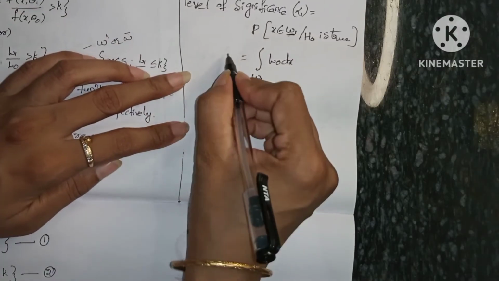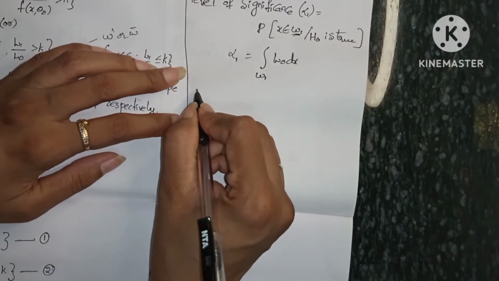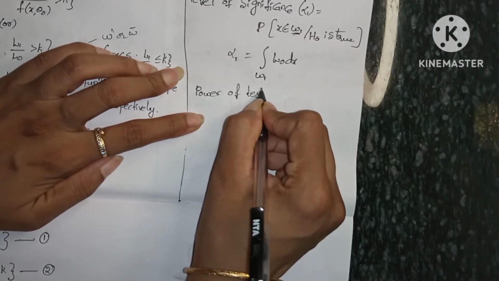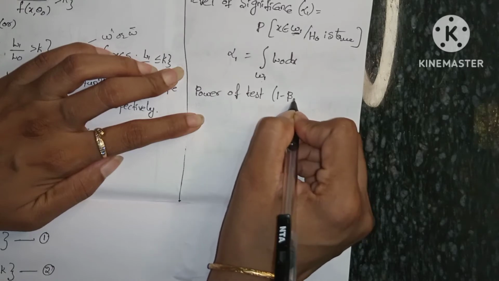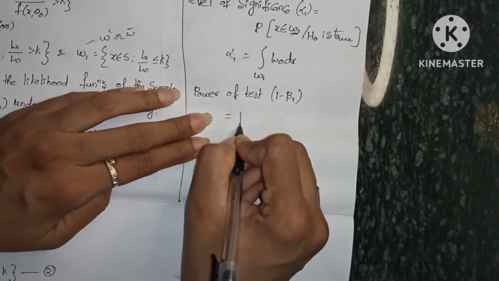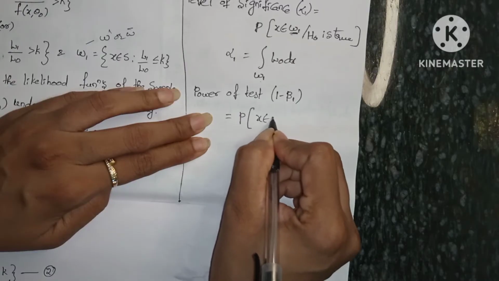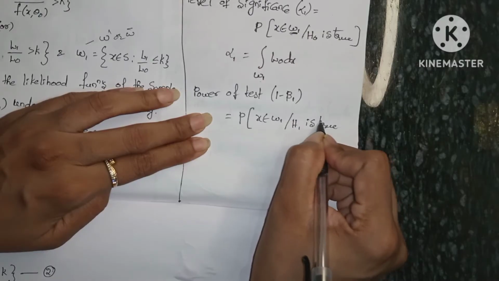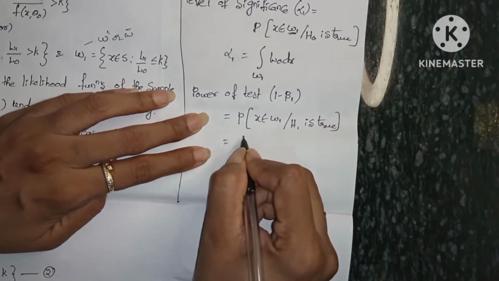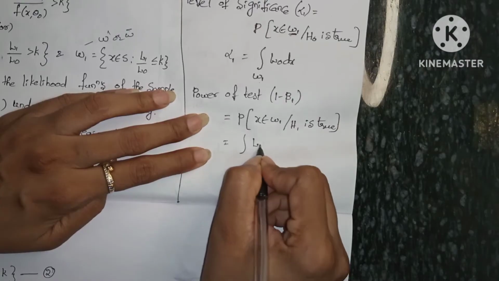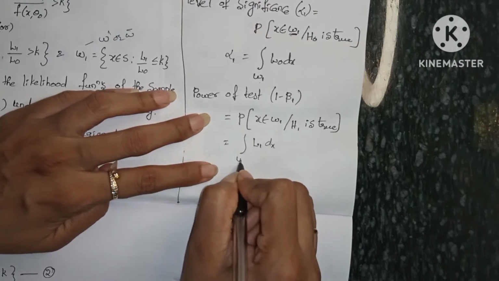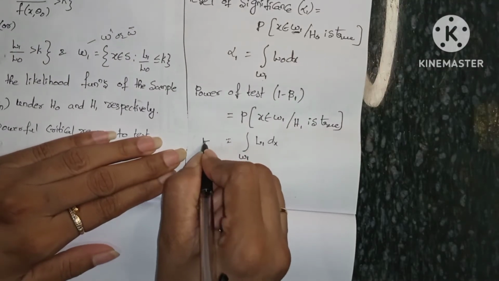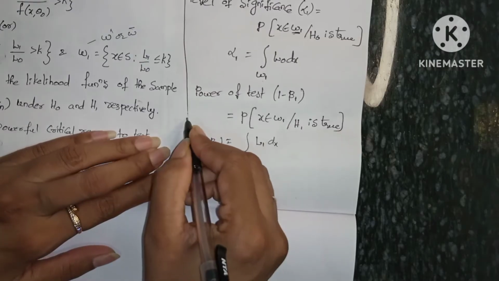So this is alpha 1. Now we have to find the power of the test, which is 1 minus beta 1. So 1 minus beta 1 equals the probability of x belongs to omega 1 such that H1 is true. Now we take H1 to be true, so this equals the integral of L1 dx over omega 1. So now we have found 1 minus beta 1.